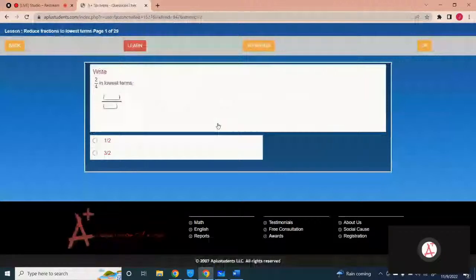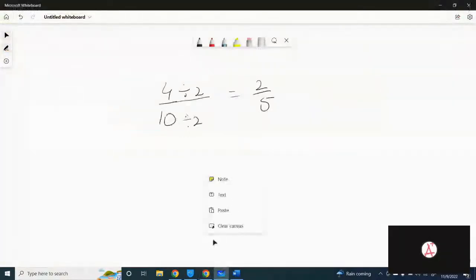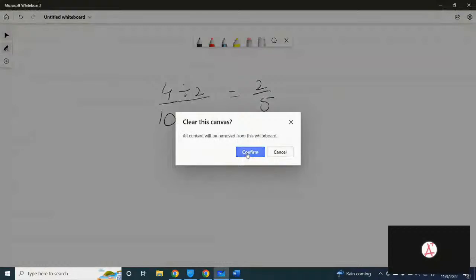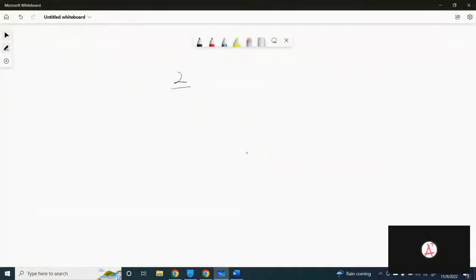Let's start with the test questions. Write 2 by 4 in the lowest form. So which option is the correct one? 1 by 2 or 3 by 12? 2 by 4.